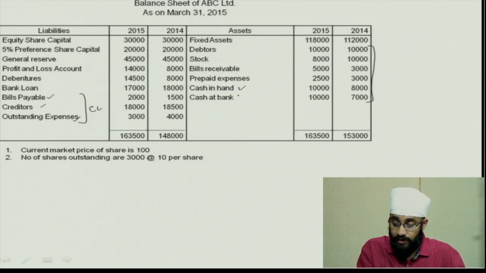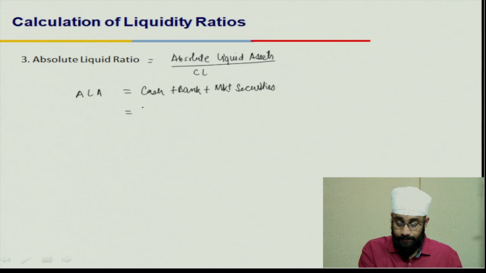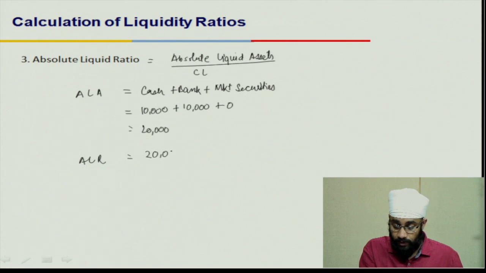All we have is cash in hand and cash at bank. So we take these two items, sum these up for 2015, and take those as absolute liquid assets. Therefore, the absolute liquid ratio is equal to 20,000 divided by 23,000, and this comes out to be 0.869.